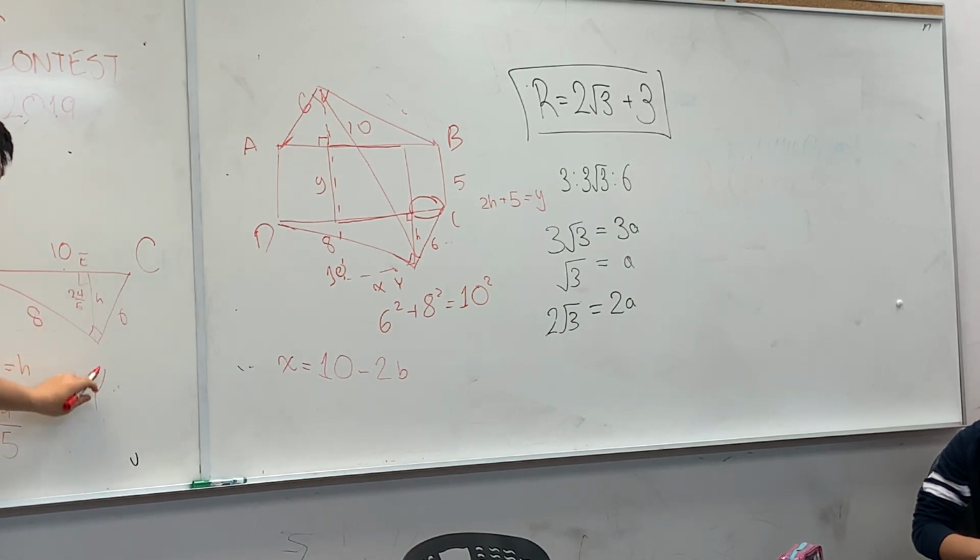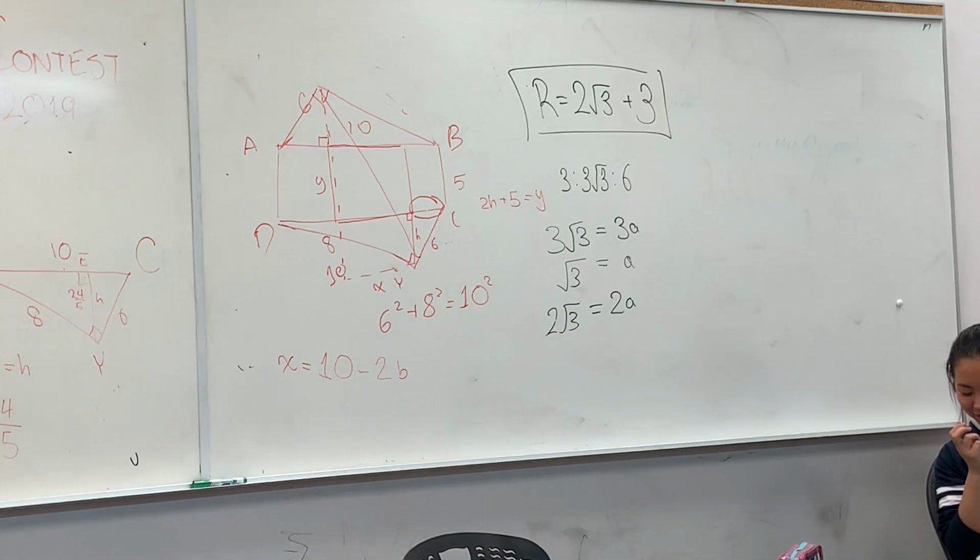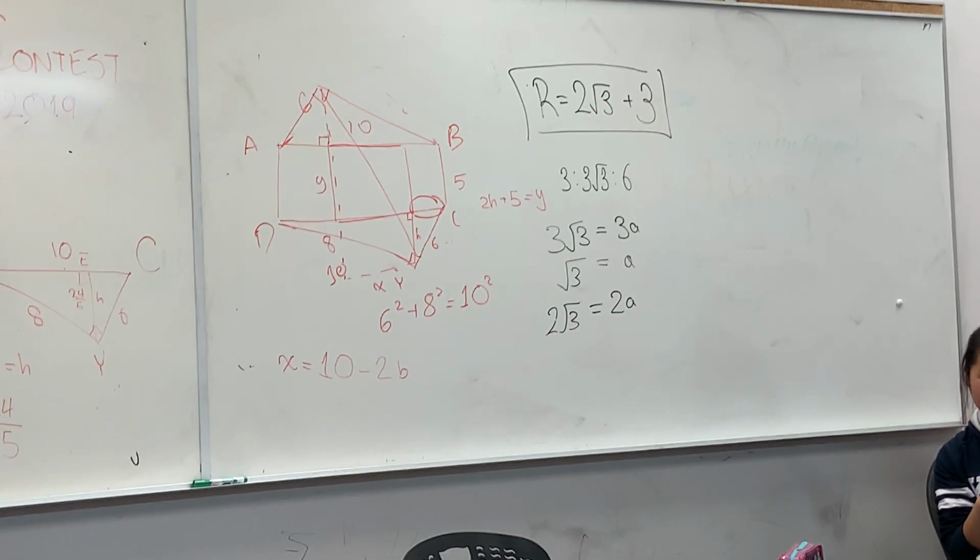Hopefully you're familiar with similar triangles. I think you learned this in grade 9 or grade 8, I'm not sure actually. So you'll find that DCY is going to be similar to YDC.